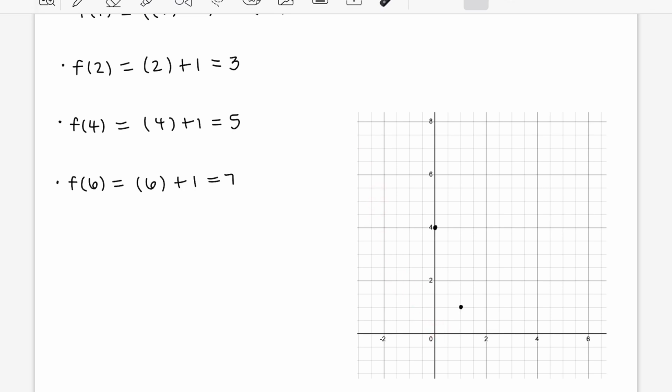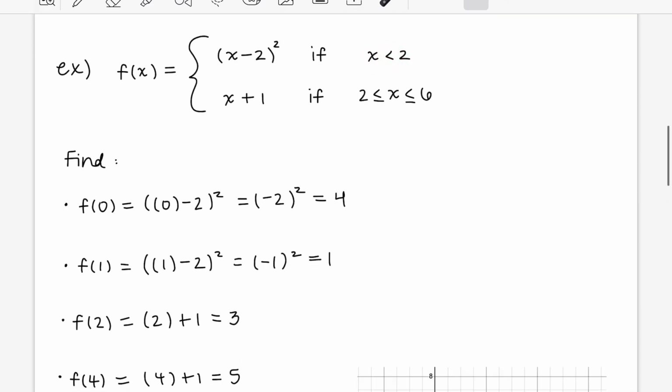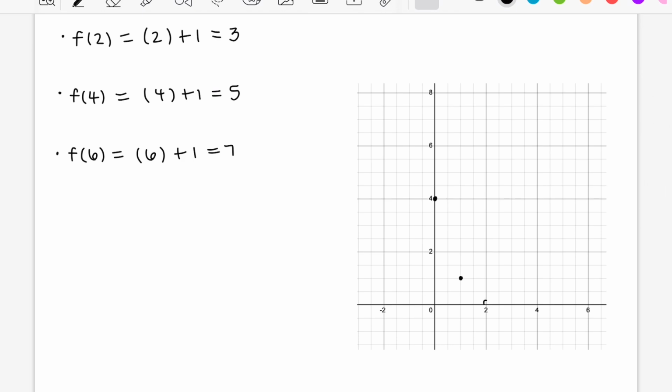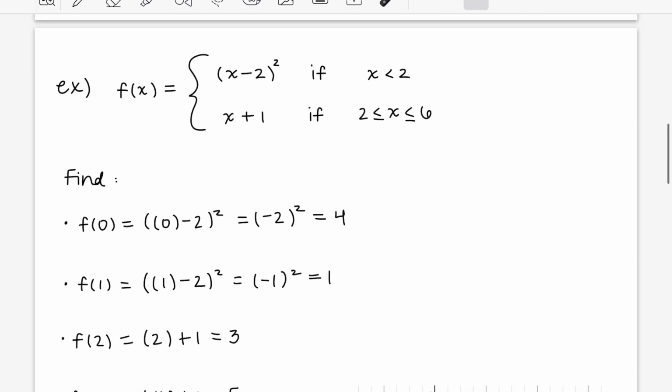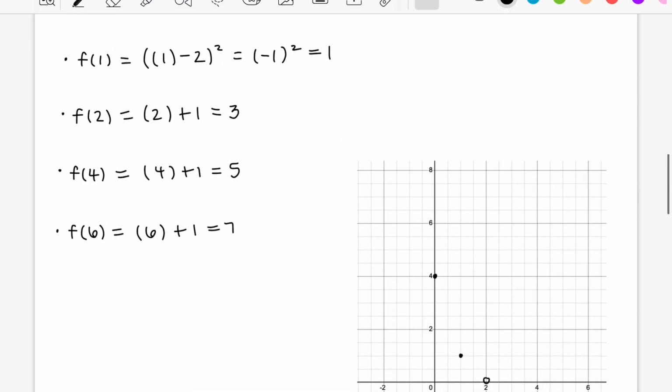But since we're shifting 2 units to the right, we're just going to move that point over 2 units. And since we know that x is not going to be equal to 2 here, we're going to put an open circle there. We can also test this just by plugging in more points than we already have, and we'll get this parabola here.